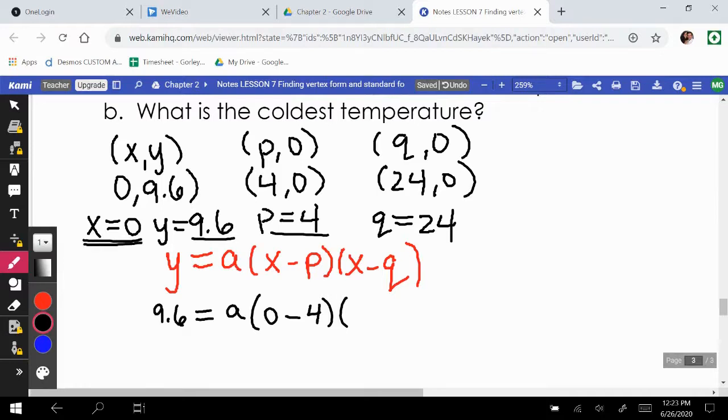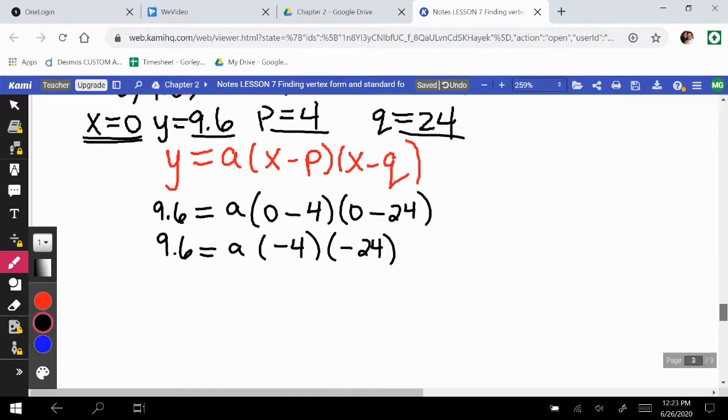So again, we're going to put 0 minus q, and q was 24. All right. So I plugged in everything. Again, a is chilling out front. We need to solve for a so that I can rewrite my equation later. We get 9.6 equals a. 0 minus 4 is negative 4, and 0 minus 24 is negative 24.